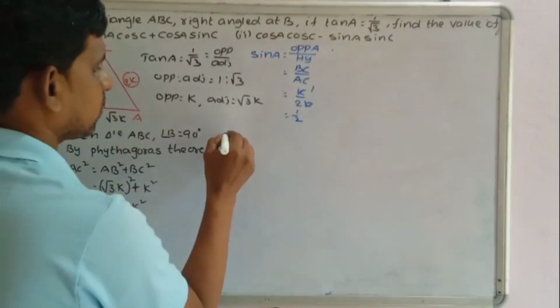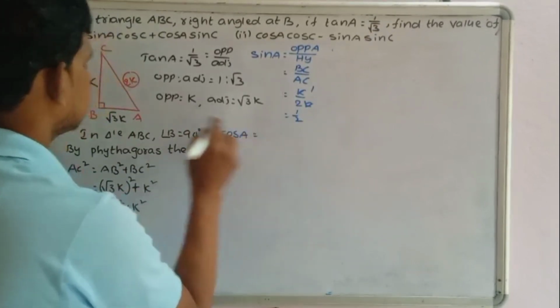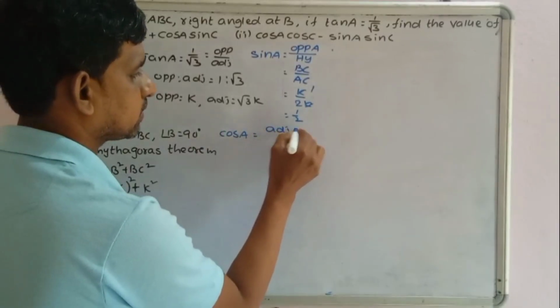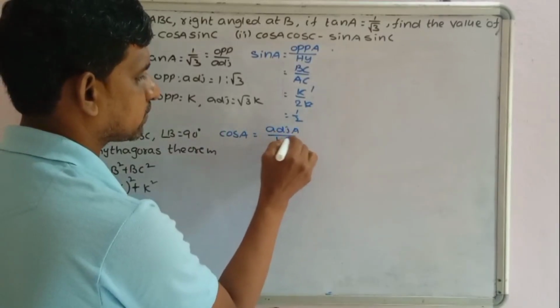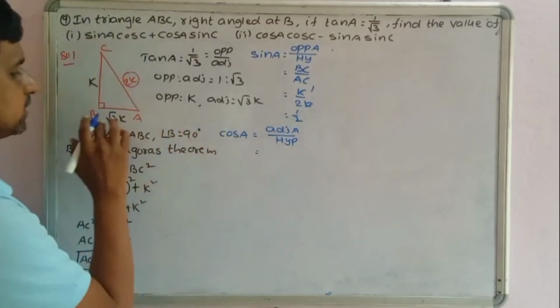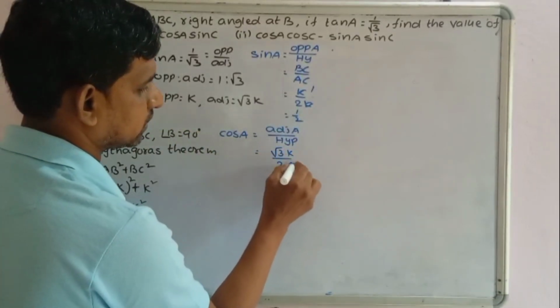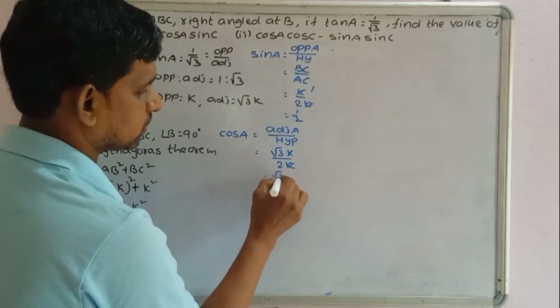Next, cos A. Side adjacent to A by hypotenuse. Adjacent side is root 3 times k, hypotenuse is 2k. K gets cancelled. Root 3 by 2.